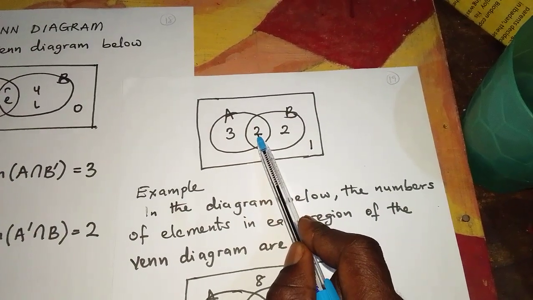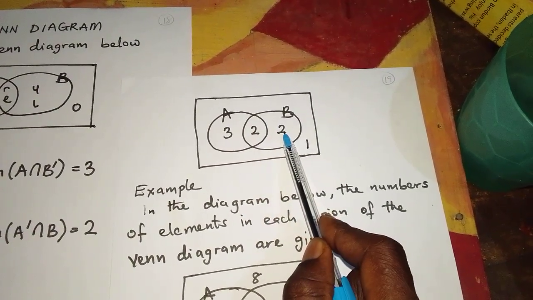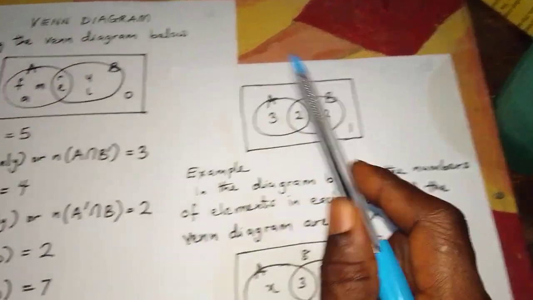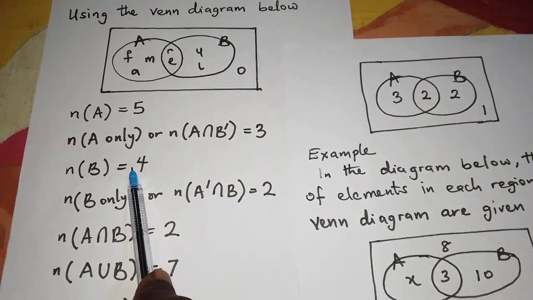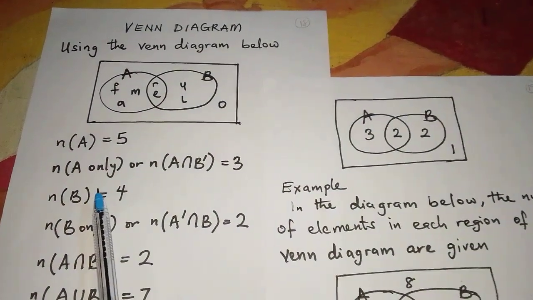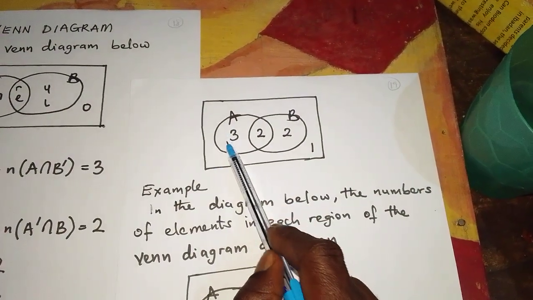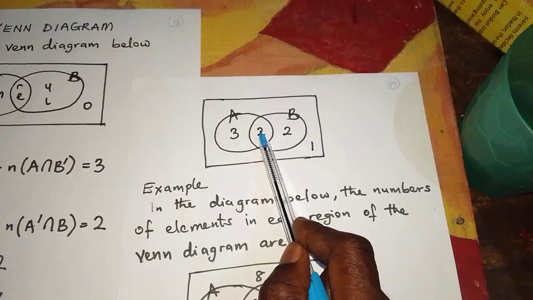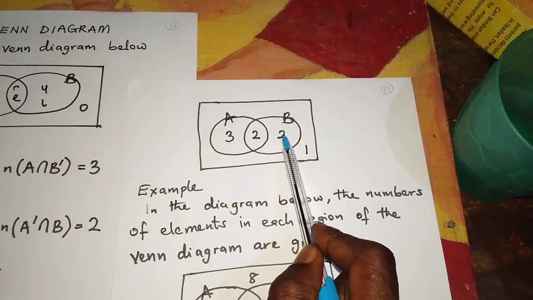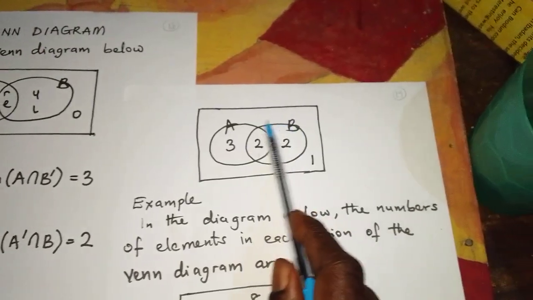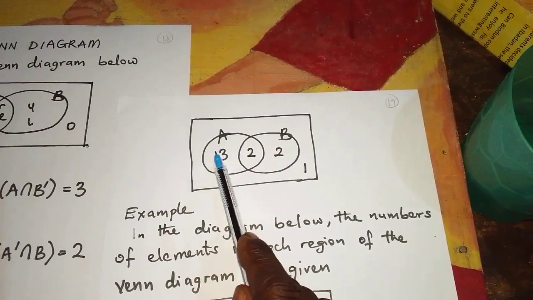Then how many elements are in A union B? 3 plus 2 plus 2, which is 7. 7 elements. So this is giving the number of elements in each.